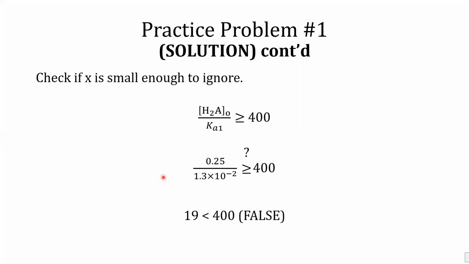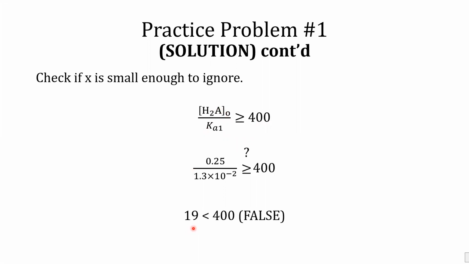To see if x is small enough to ignore, one takes the concentration of the diprotic acid, sulfurous acid, and divides by Ka1's value to see if the ratio is greater than or equal to 400. In the end, the ratio equals 19, which is less than 400.